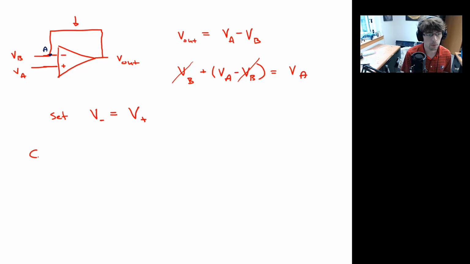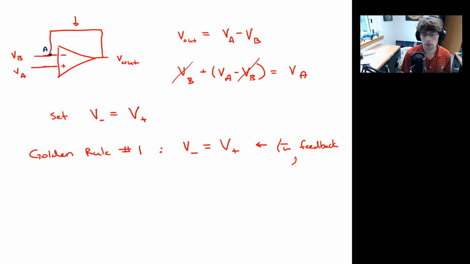So golden rule number 1. Okay. The inverting potential is equal to the non-inverting potential. Okay. When you have a feedback loop, this happens. So I'll put with feedback loop. Number 1. Okay. Now, number 2, golden rule number 2.